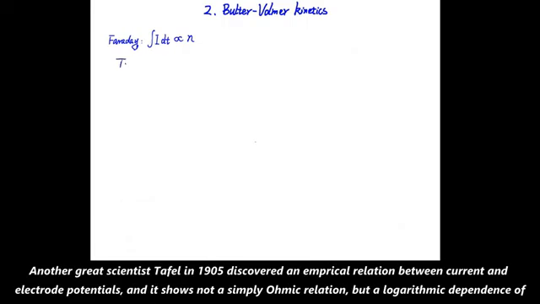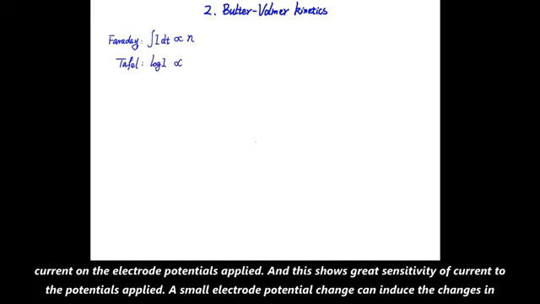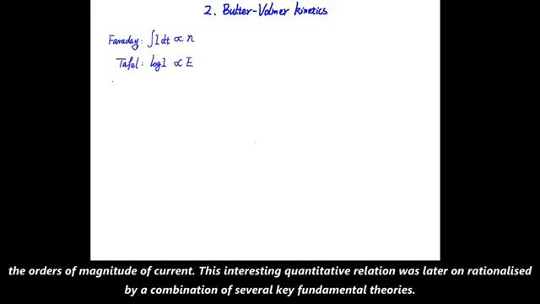Another great scientist, Tafel, in 1905 discovered an empirical relation between current and electrode potential. It shows not a simple ohmic relation, but a logarithmic dependence of current on the electrode potential applied. This shows the great sensitivity of current to the potential applied: a small electrode potential change can induce changes in the order of magnitude of current.